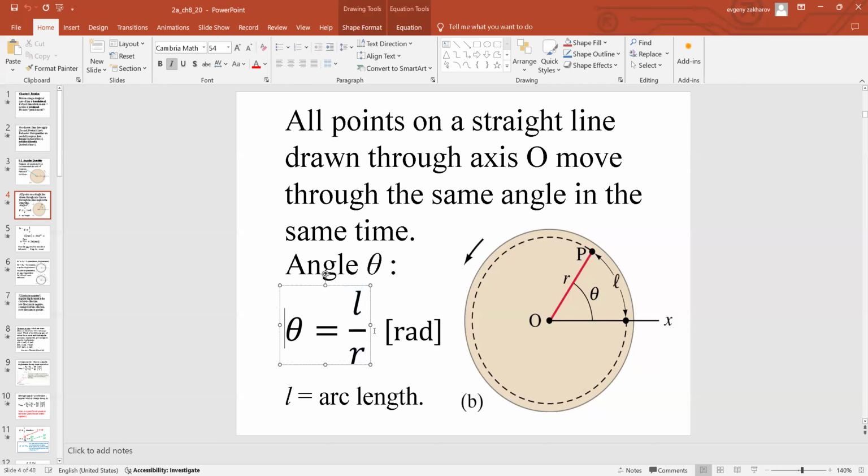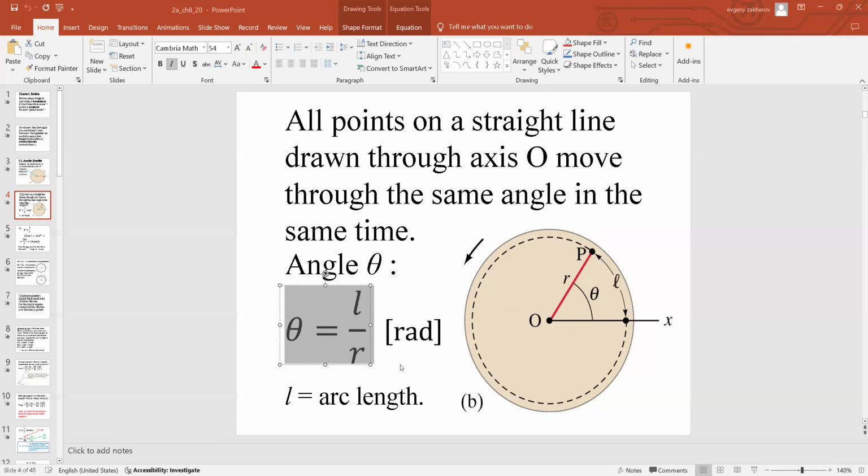And this angle can be defined in radians, and it's not the same as degrees. For rotational formulas, you have to think radians rather than degrees, and make sure your calculator is in radians mode.